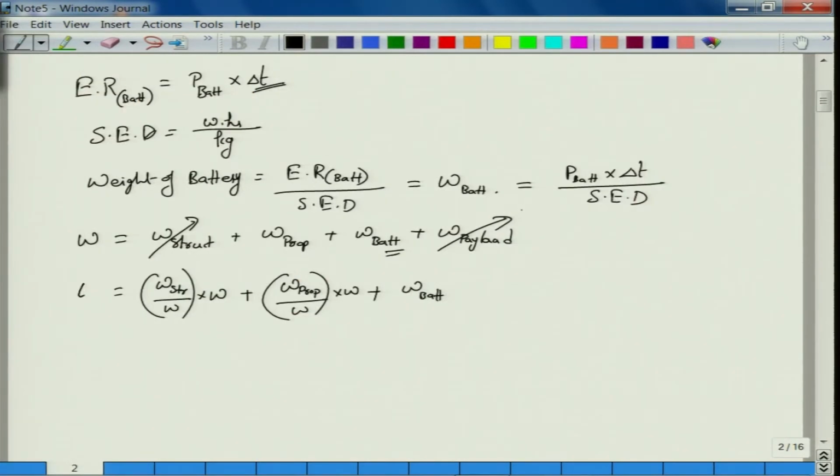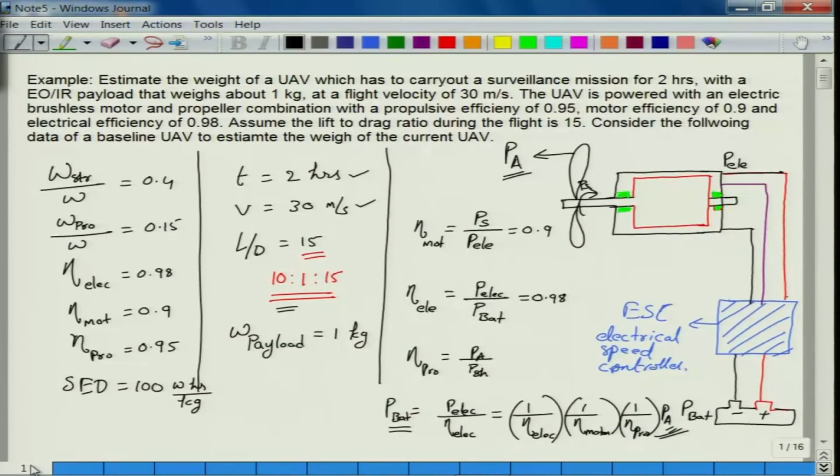Okay. So, the current approach that we are going to adopt is not a generic approach. So, this is what I generally use and found to be very useful in designing a UAV. So, there can be many other approaches. I am not generalizing and stating that this is the only approach that is available.